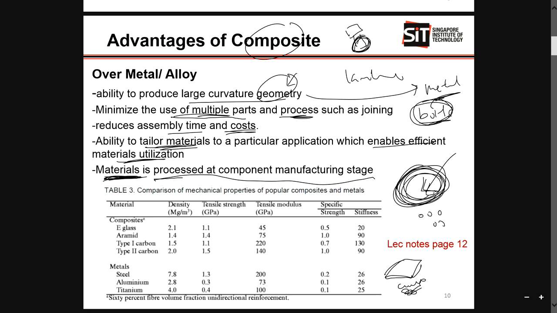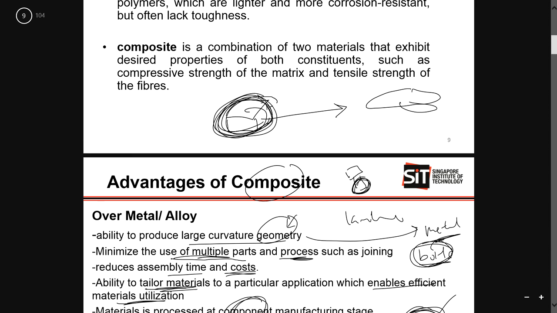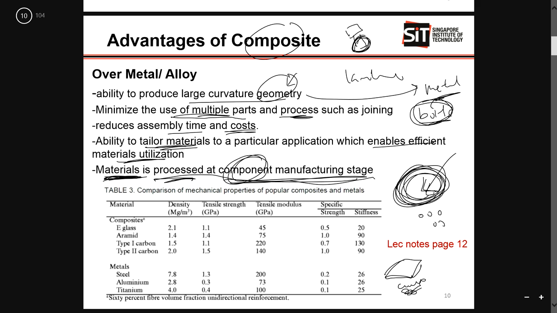All your materials are processed at the component manufacturing stage where you manufacture whatever component that you want. So if you want to manufacture a box, your box is a component. The component itself is a composite material. This component will be placed inside maybe an aircraft, where this aircraft is a bigger assembly, things like that. So these are the words that are being used, I think.